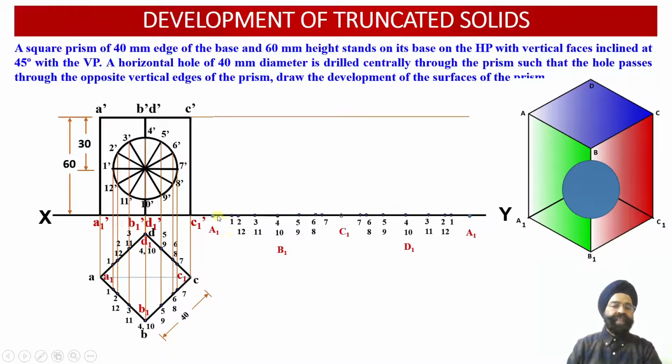We can check the same distances we have marked over here: point 1, points 2 and 12, points 3 and 11, points 4 and 10. 4 and 10 are going to coincide with B1.